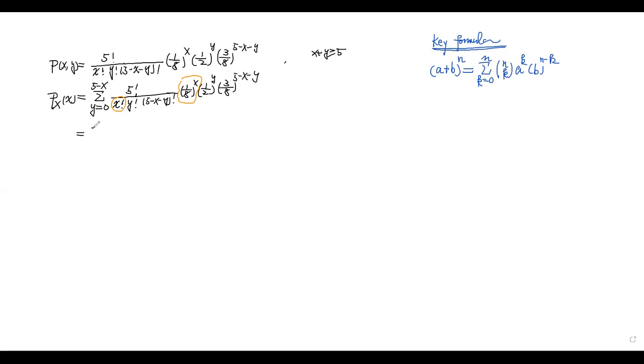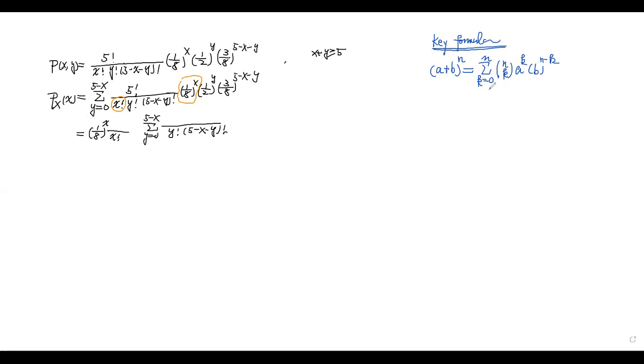So first, I move the 1/8 to the x outside, and then I have x factorial. Now the sum is y equal to 0 to 5 minus x. Here I have y factorial and 5 minus x minus y factorial.